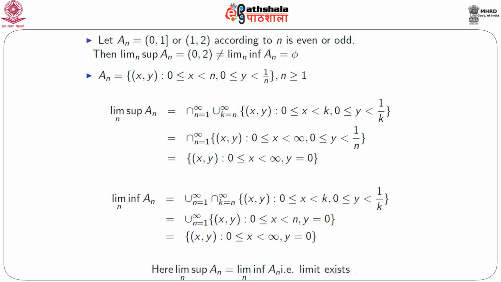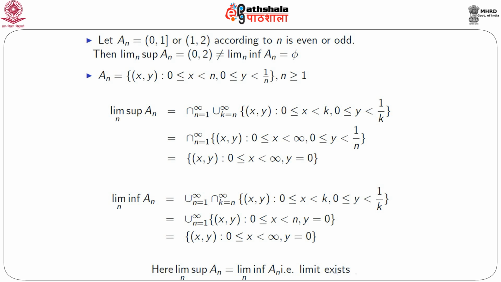Now, we focus on the second example. A n is defined as the collection of x and y such that x lies between 0 and n and y lies between 0 and 1 over n. Now, we have to find lim sup as well as lim inf. If we compute the lim sup, it will be something like this: intersection n from 1 to infinity, union k from n to infinity, of x y, where x lies between 0 and k, and y lies between 0 and 1 over k.